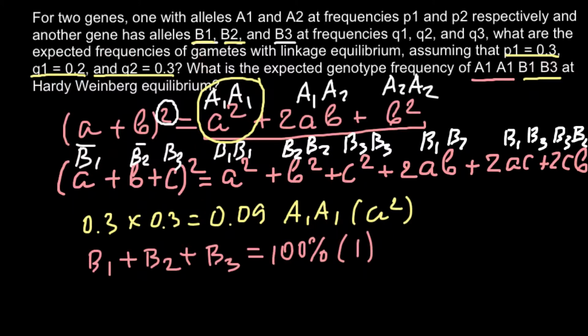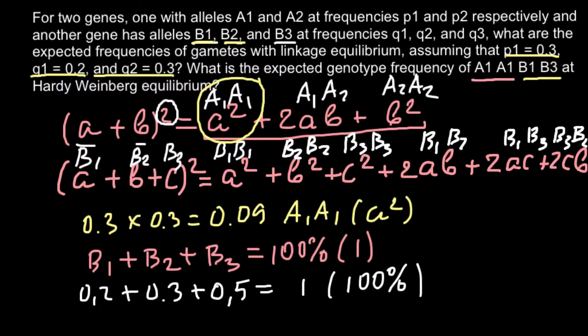And if we know the frequency of the B1, that is 0.2, and B2 is 0.3, it's easy to say the frequency of the B3 is going to be 0.5. So if we add all these numbers, we are going to get 1 or 100%.